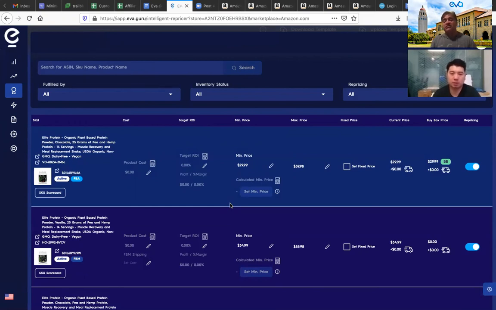And maybe another thing very important for private labels is the buy box suppression. Although it's a private label, at some point, due to maybe the web store price or some other Walmart price, Amazon may suppress the buy box.